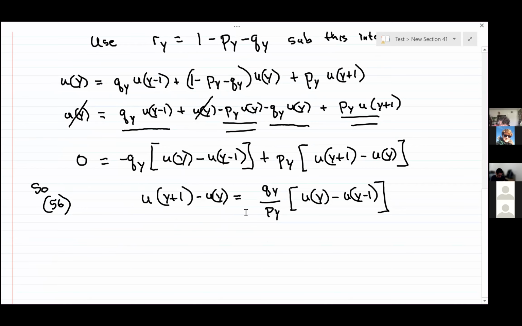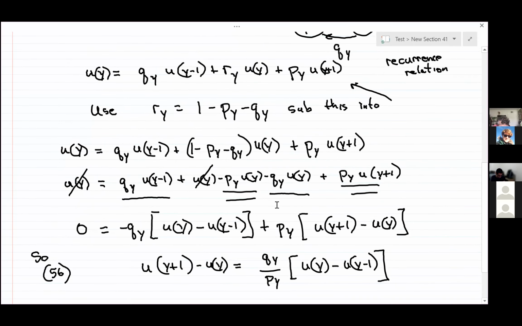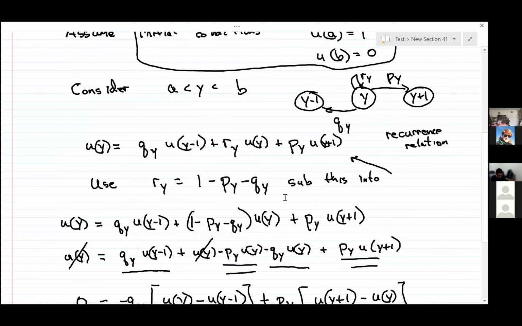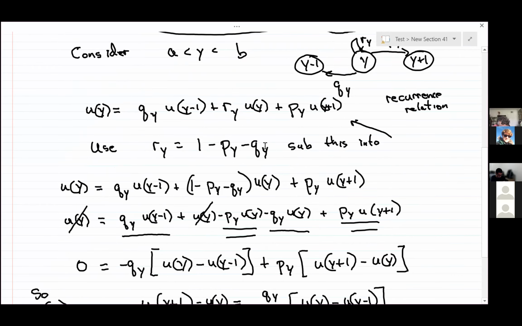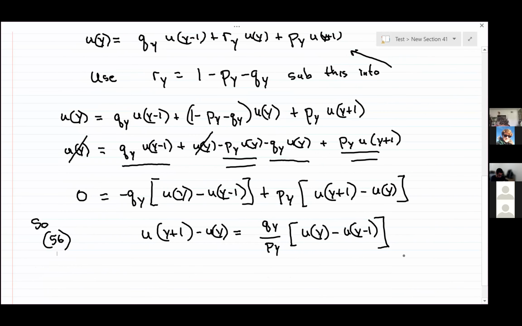The presumption here is what we said above, but we probably should carry it down. y is strictly between a and b. So in this equation here, this is really for y between a and b.